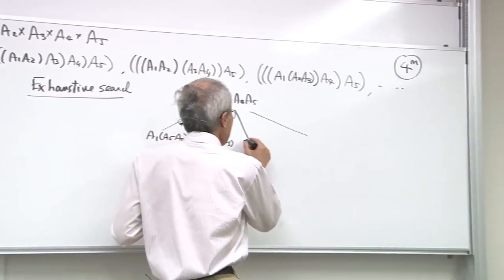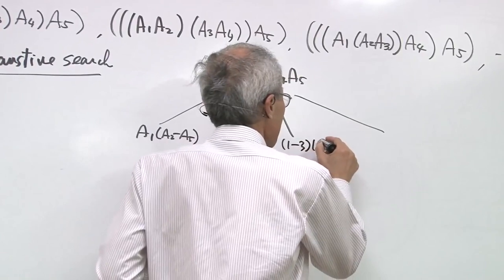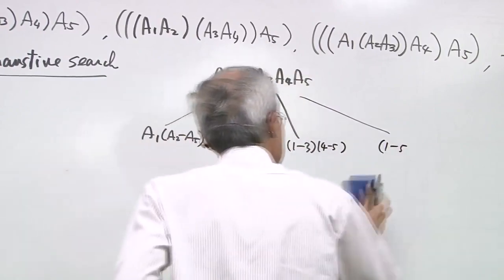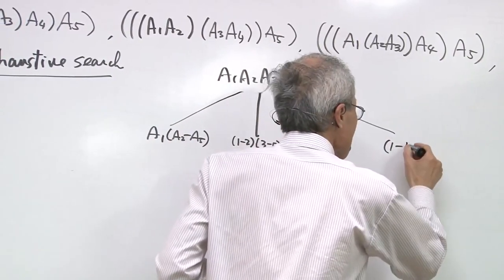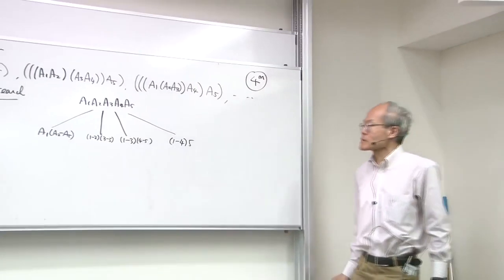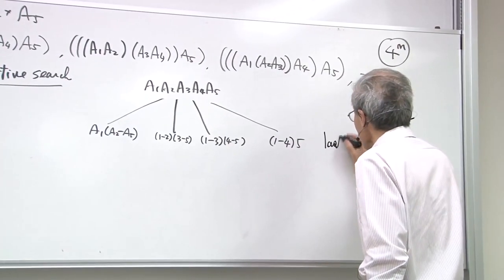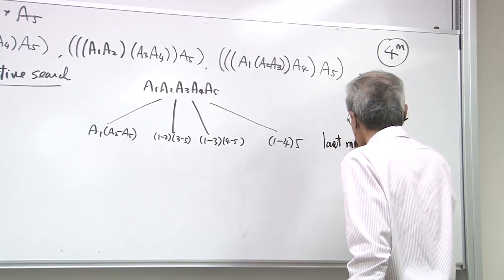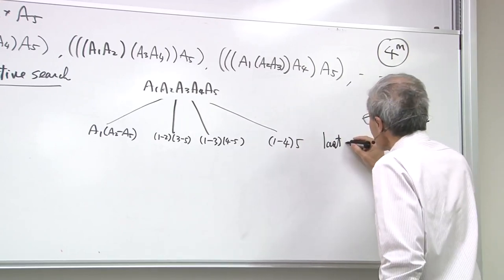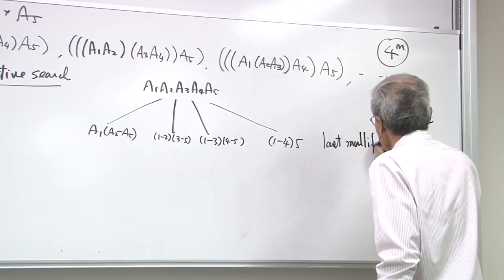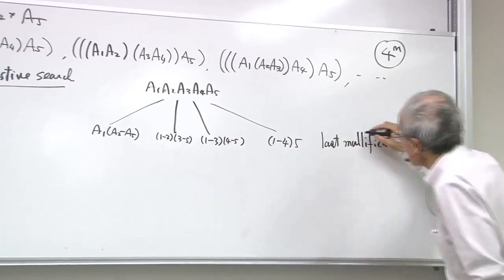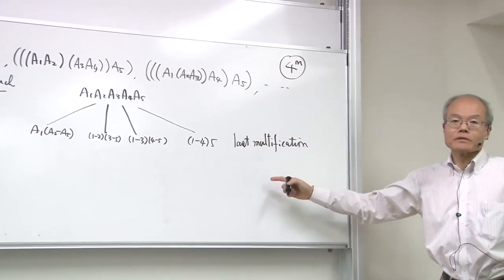The third possibility is, of course, similar. So these are 4 different possibilities for the last multiplication, the final multiplication.